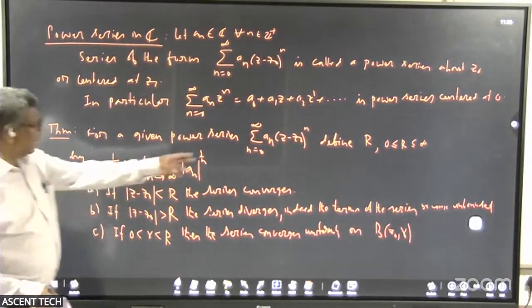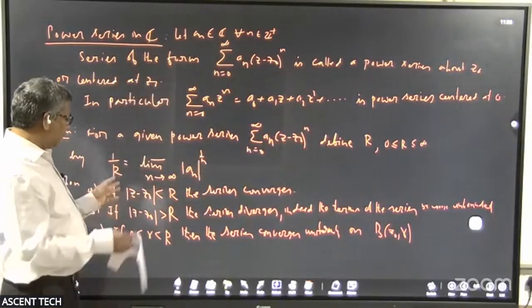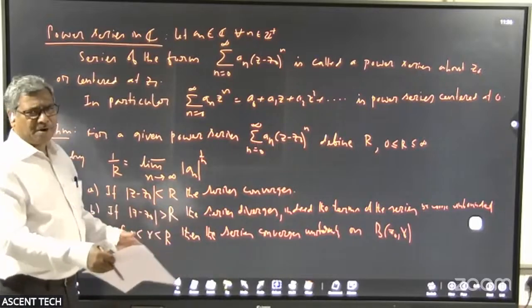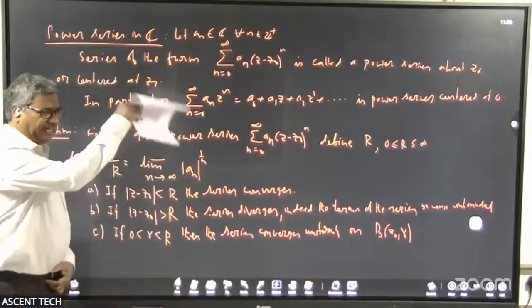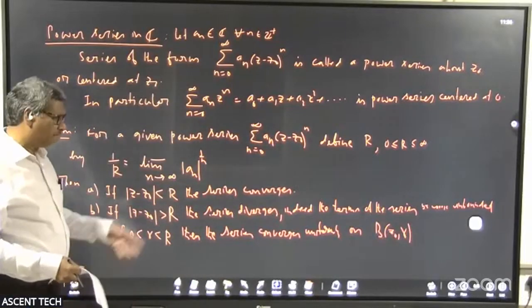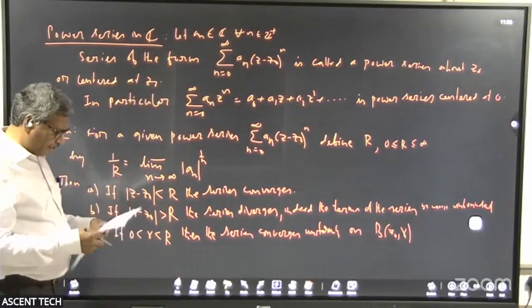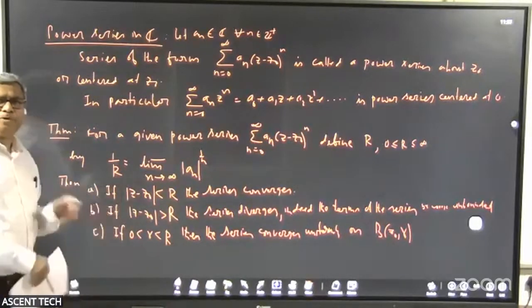First of all, I would rather assume that z naught is 0, because the same proof works everywhere when the series is centered at some other point. So let's first assume that z naught equals 0. Any questions about this?